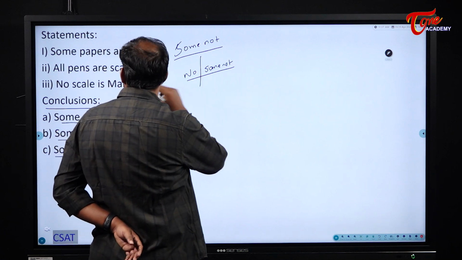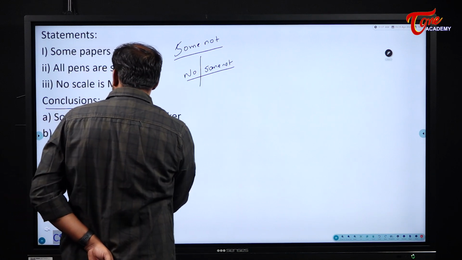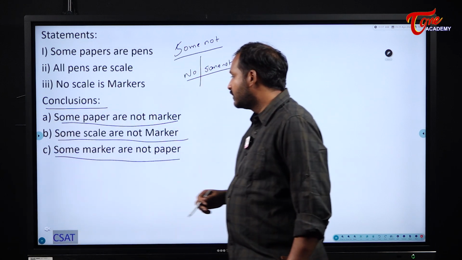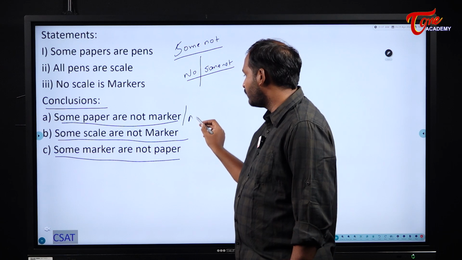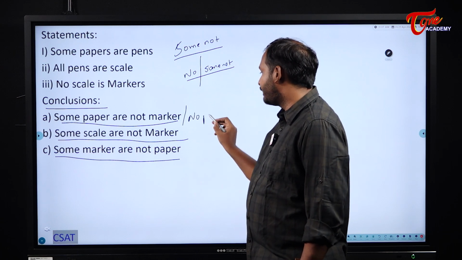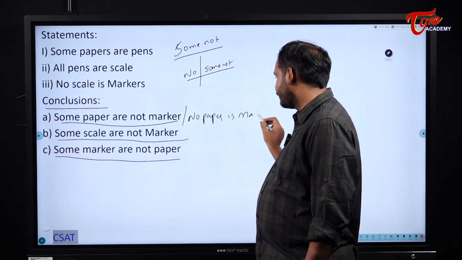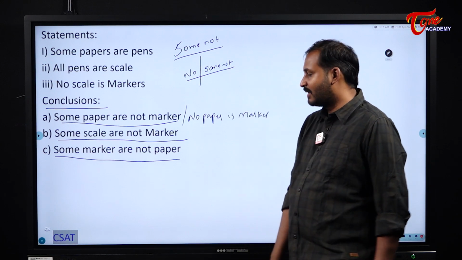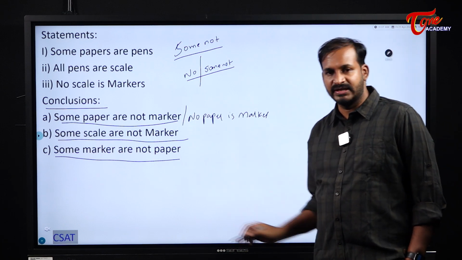Here there is one conclusion: some paper are not marker, right? Here itself I will write one more: no paper is marker. I will try to differentiate between these two.